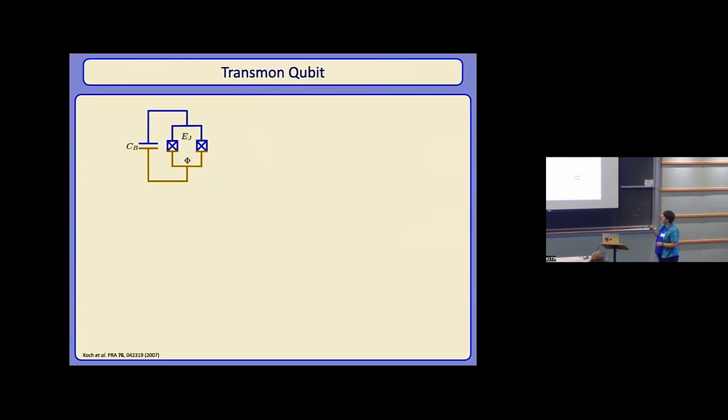The other half of our toolbox is, of course, superconducting qubits. The most common one to date is the transmon qubit. This is a circuit diagram. It's a capacitor in parallel with Josephson junctions, and so you can think of it as an anharmonic oscillator. So instead of n squared phi squared, it's n squared cosine phi.